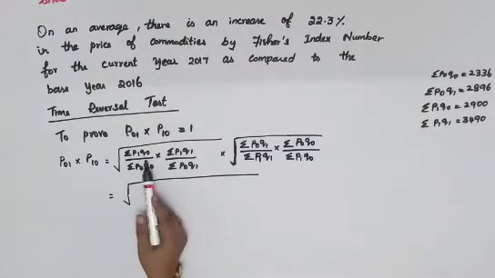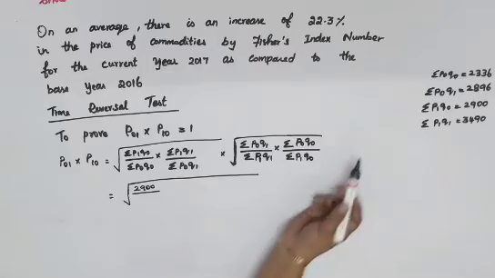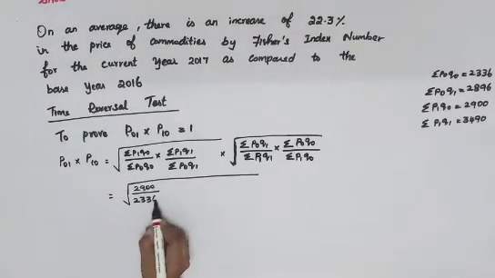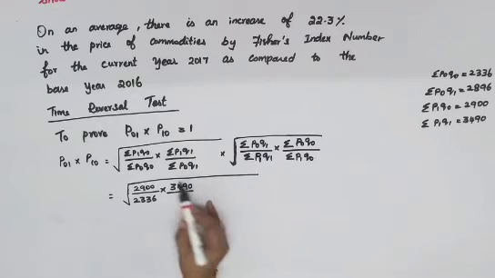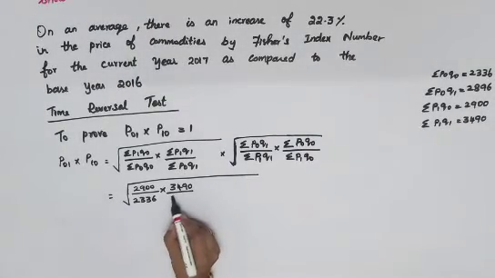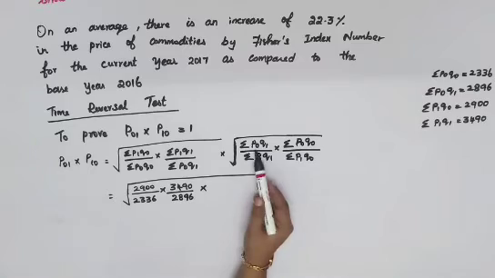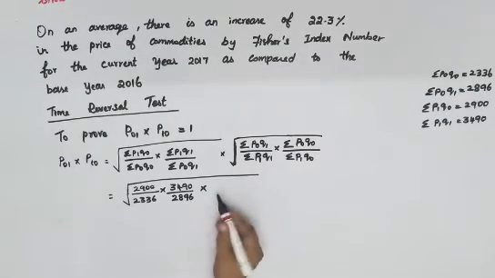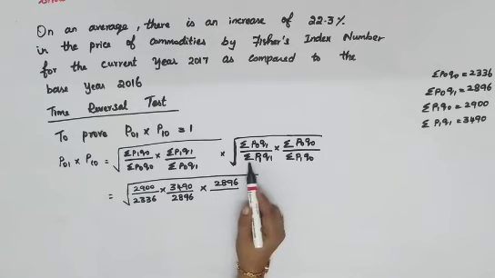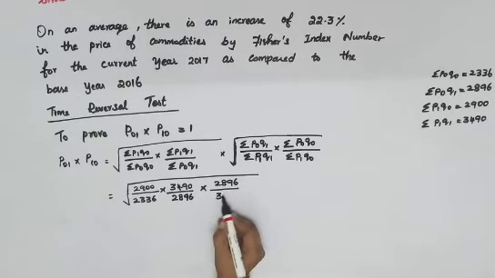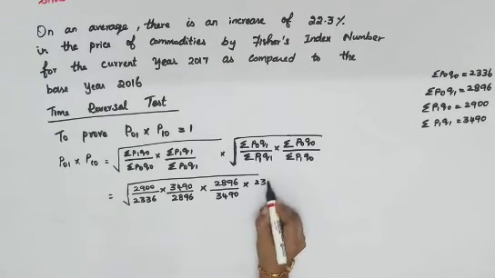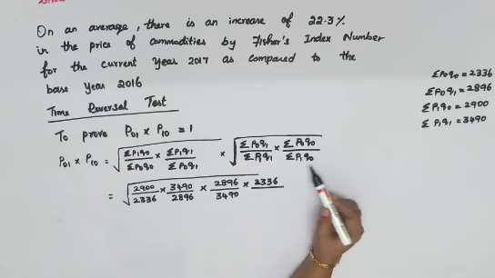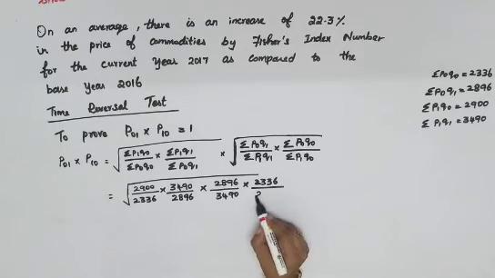Okay, so sigma P1 Q0, that is your third value, 2900 divided by sigma P0 Q0, that is your first value, 2336 into sigma P1 Q1, that is 3490 divided by sigma P0 Q1, 2896 into, now your second part, sigma P0 Q1, that is your second value here, 2896 divided by sigma P1 Q1, that is your last value, 3490 into sigma P0 Q0, that is your first value, 2336 divided by the last one, sigma P1 Q0, that is your third value, 2900.